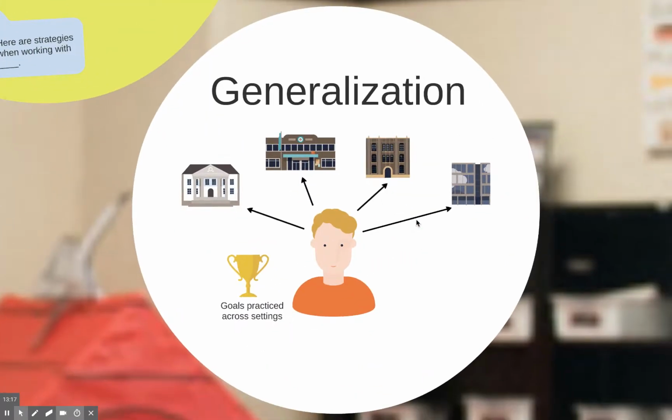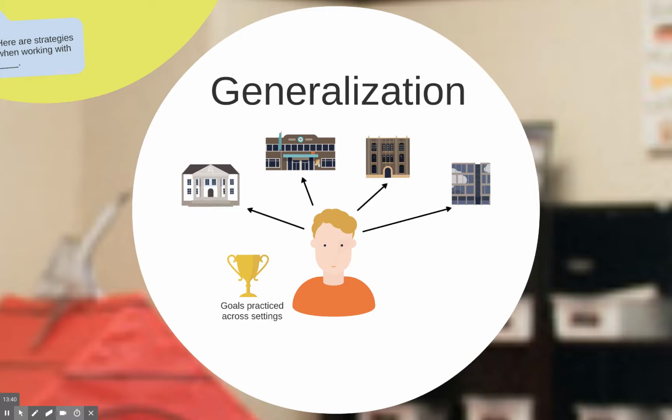And then the last thing in thinking about LRE is the power of generalization. So if we're trying to get kids, and this applies even outside of special education, to be able to transfer skills across settings, the best way for them to do that is to actually go into different settings and start practicing those skills.